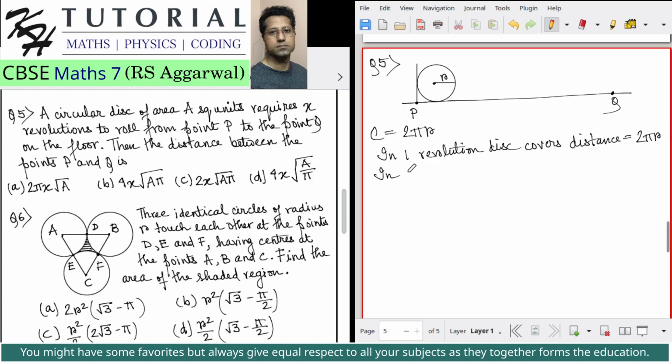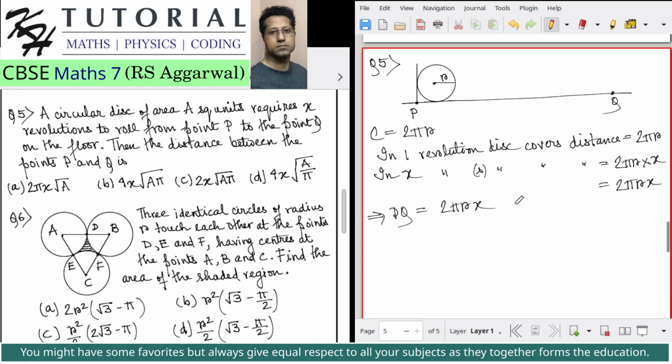In the problem it is given that the disk is rolling from point P to Q in x revolutions. So in x revolutions, using the unitary method, the disk covers a distance of 2 pi r into x, which is 2 pi r x. So definitely the distance covered PQ has to be equal to 2 pi r x.